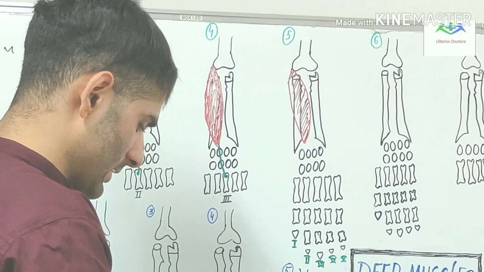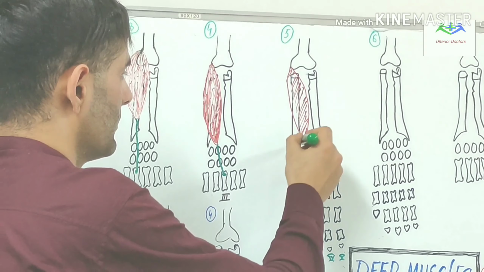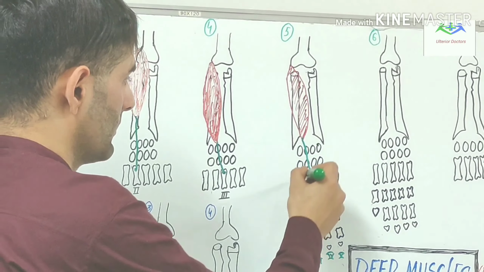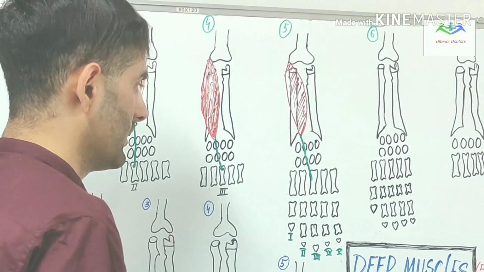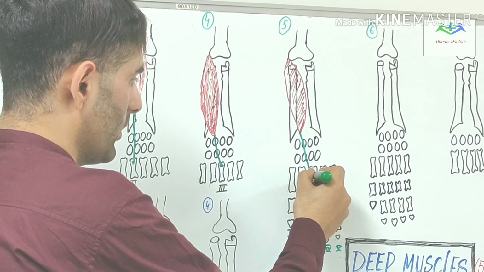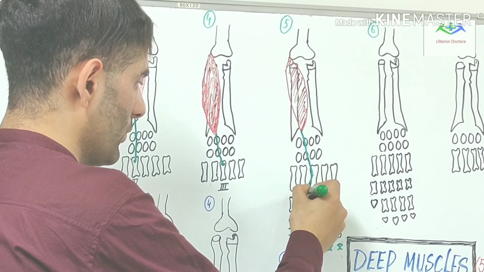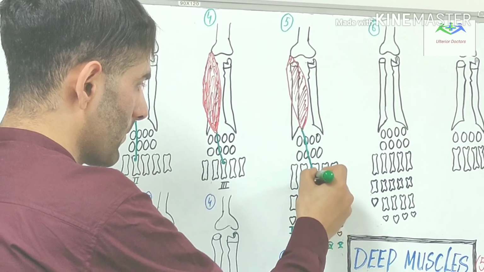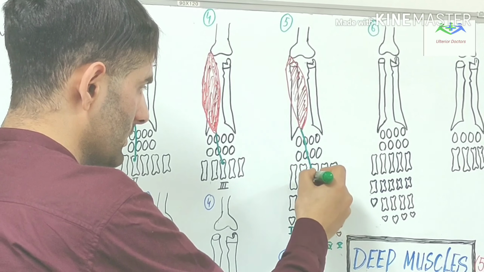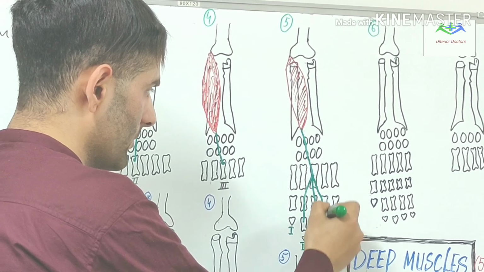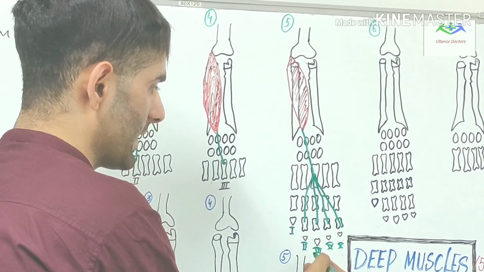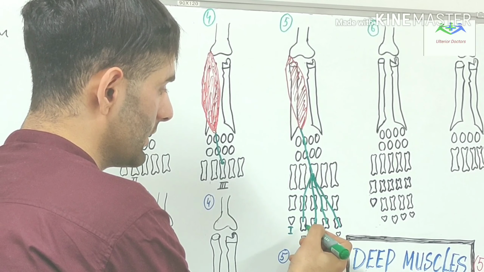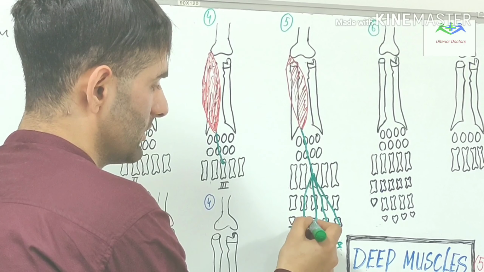And this muscle gives the single tendon first, and then in the hand this tendon gives the 4 tendons which are inserted to bases of second to fifth middle phalanges.